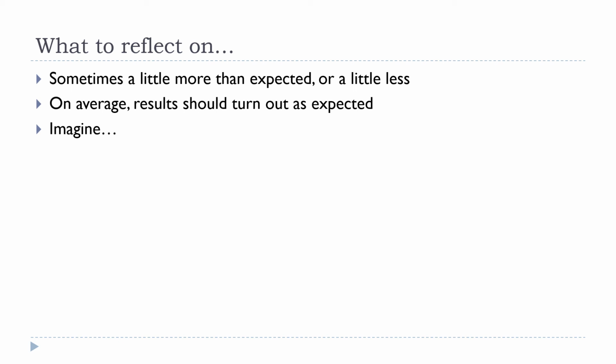I also want you to imagine that the face cards are representing something a little rarer. For example, someone that has a learning disability, or someone who has a higher socioeconomic status, or is a first-generation college student, or is a minority student.